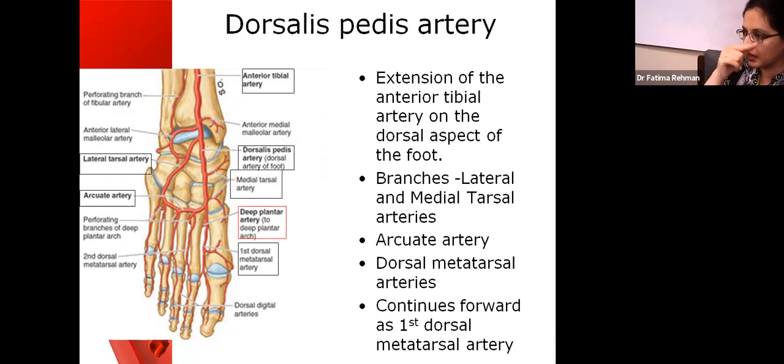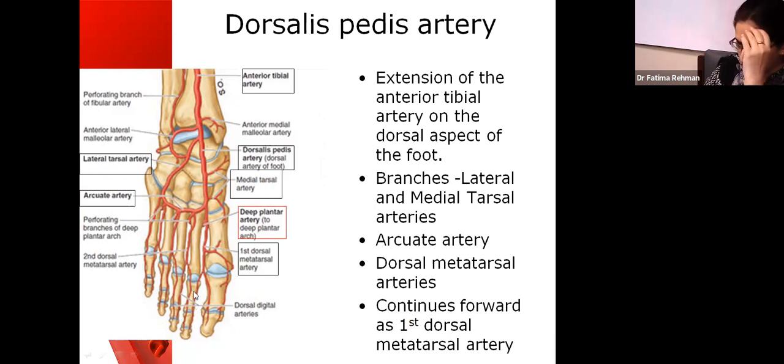I told you that it comes to lie superficially or anteriorly and joins this dorsal arterial arch. So at that level, this dorsal metatarsal artery is joined by the deep plantar artery's branches, and both together constitute our dorsal arterial arch.